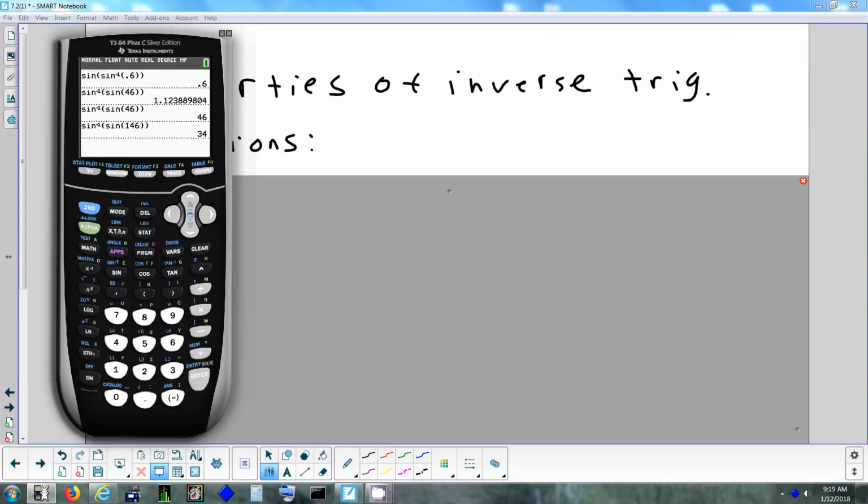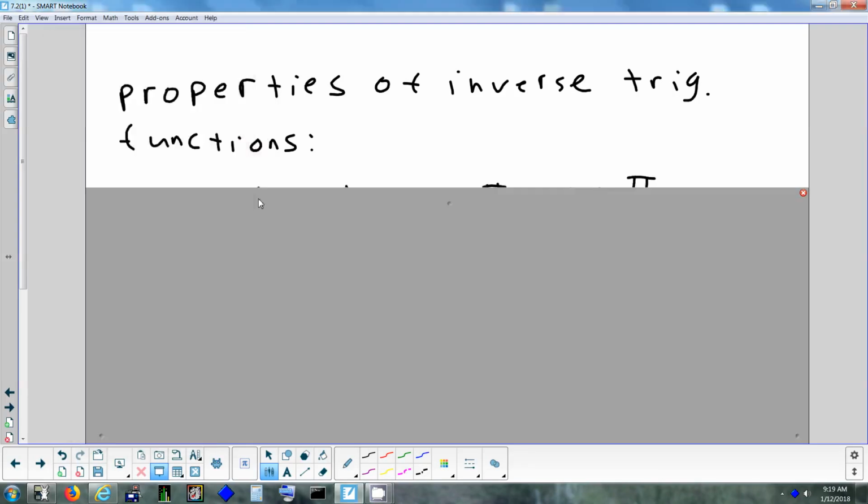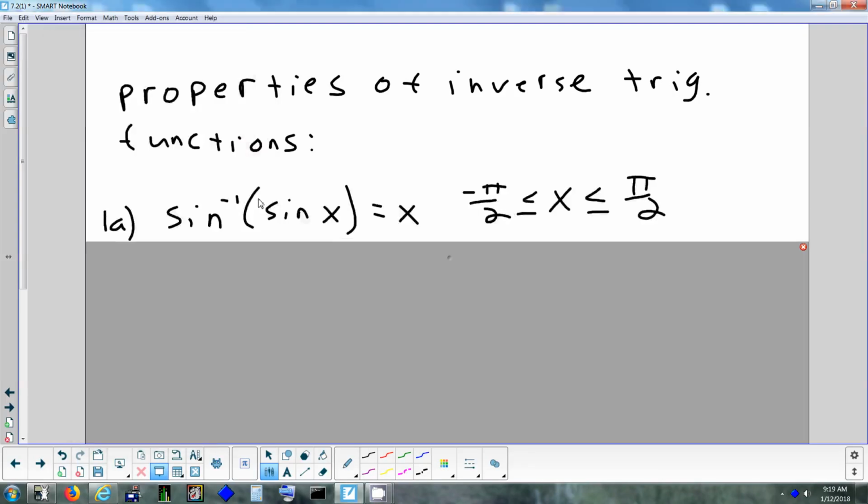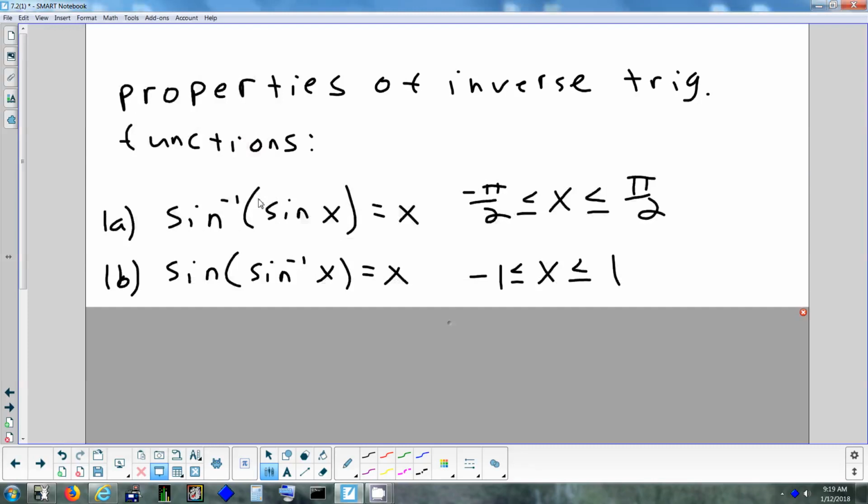Well, there's a formula for figuring out when you are going to get back something different, when you are going to get back the same thing. And there are 2 formulas for each of them. One of them has the inverse on the outside, the other one on the inside. When you have inverse sine on the outside, your argument has to be between negative pi over 2 and pi over 2.